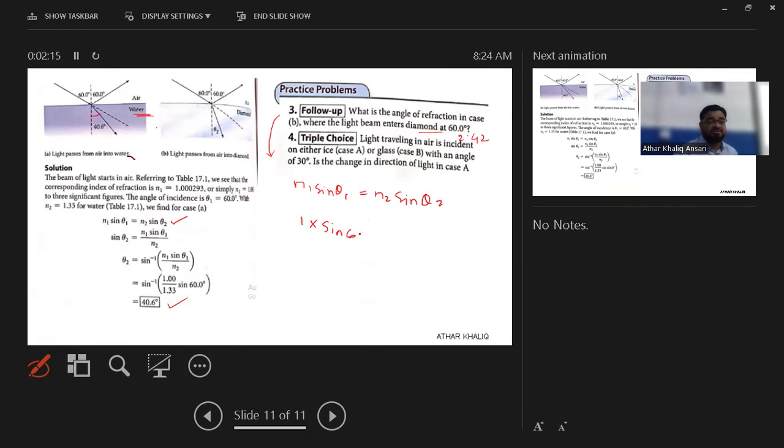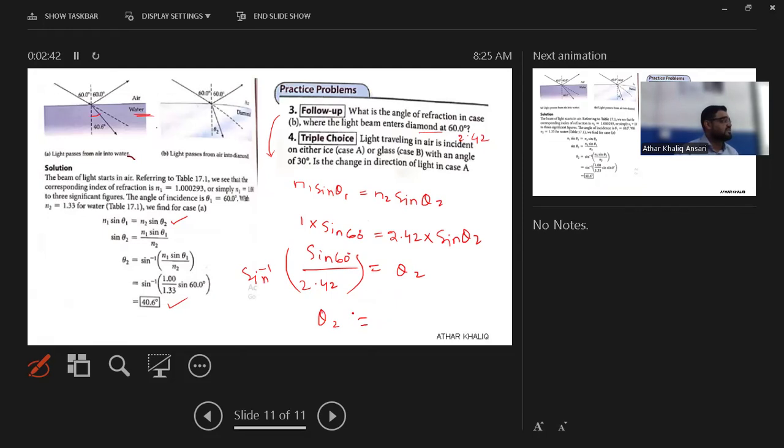Sine theta 1 is 60 degrees and the refractive index n2 is 2.42. They are asking to find the angle theta 2. So sine 60 degrees over 2.42 is equal to sine theta 2. If I need theta 2, I will move sine to the other side, that will be sine inverse. So what will be the angle theta 2?